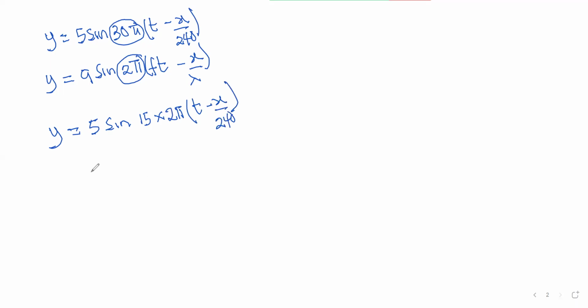Then I put the 15 into it, so I have 2π times (15t minus 15x on 240).